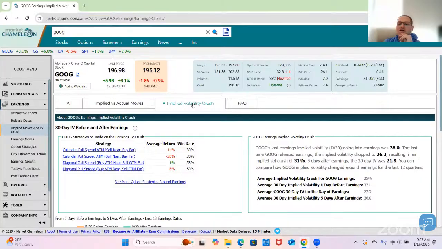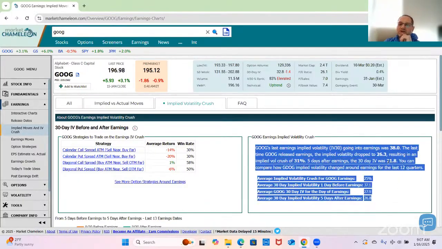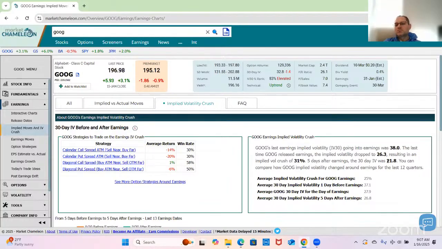Okay. And here we have this summary, and we could see that right before earnings, the 30-day IV, keeping in mind this isn't looking at the 1-day option. It's not looking at the 1-week option. It's looking at the 30-day constant maturity. The implied volatility on average was 37.1.